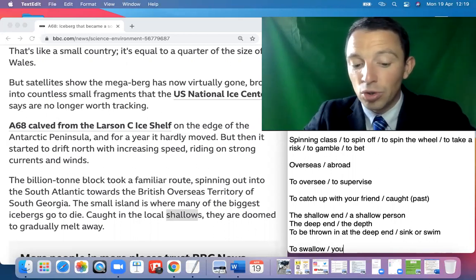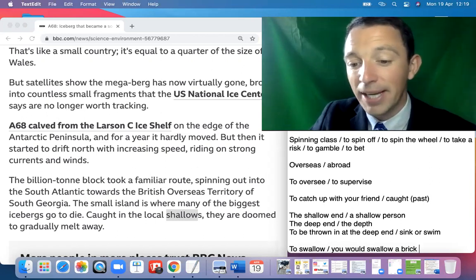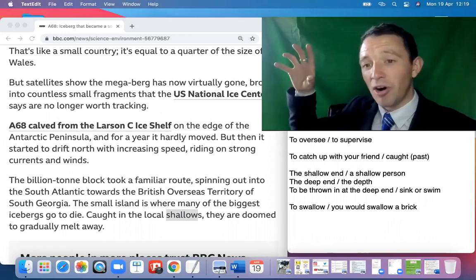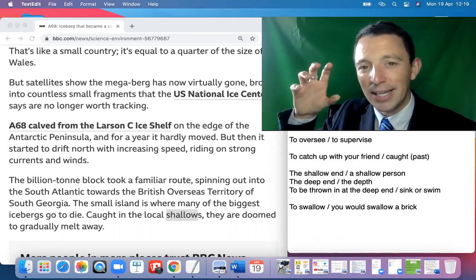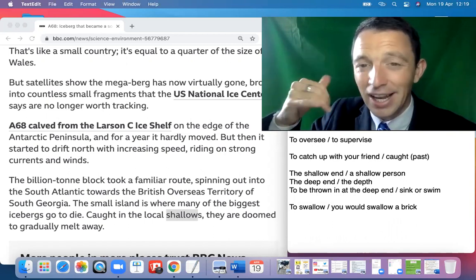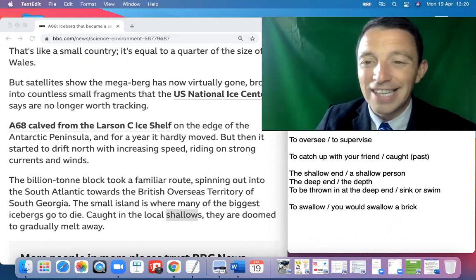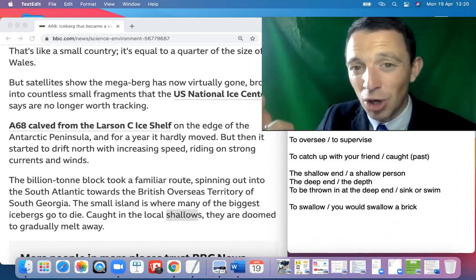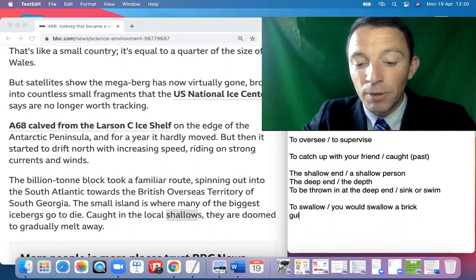Also with the verb to swallow, we would say maybe, and again as a metaphor, one joke, I suppose, you would swallow a brick. And a brick is very big, so when you construct with concrete, you have a brick, ladrillo, I think. For example, the original mobile phone was very big, like a brick. So it's impossible to swallow a brick, but this is the joke for the person who is very gullible.